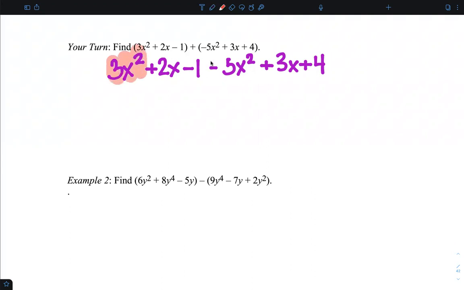3x squared minus 5x squared. It's going to give us a minus 2x squared. Positive 2x and a positive 3x gives me a plus 5x.